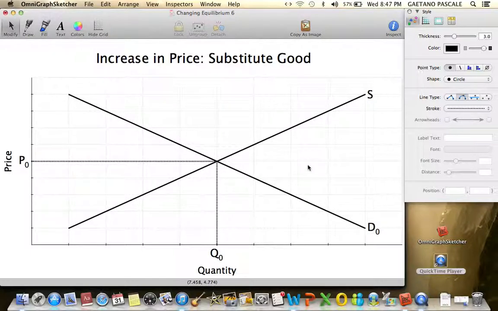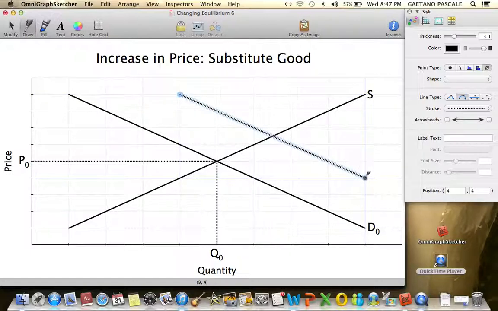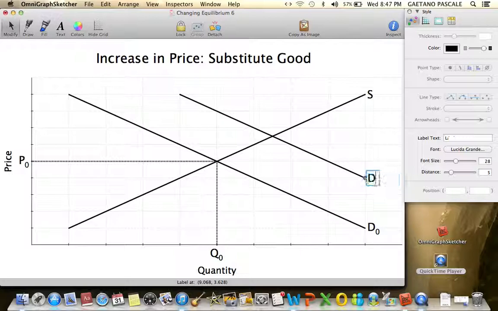we will see the demand for the alternative good go up. So if we see an increase in the price of coffee, we will see the demand for tea go up. So let's draw in our new demand curve. Let me make that a solid line. This is D1.